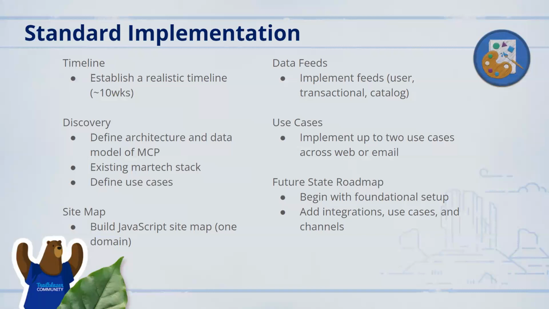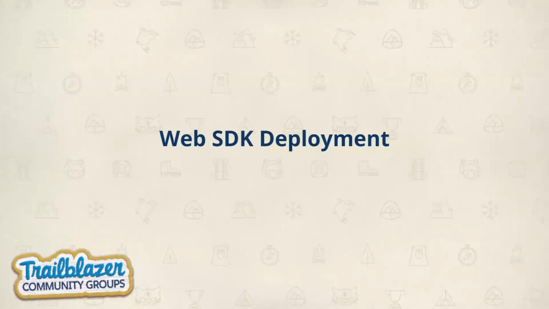It's recommended to implement 1 to 2 use cases initially, across web or email, and consider those lower complexity but high speed to value use cases. And lastly, once the foundation of MCP is set up, you can begin scaling with more integrations, more use cases, and more channels.